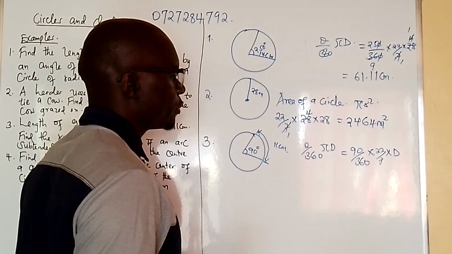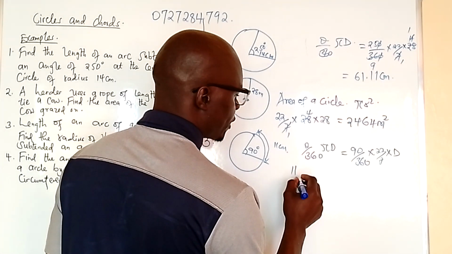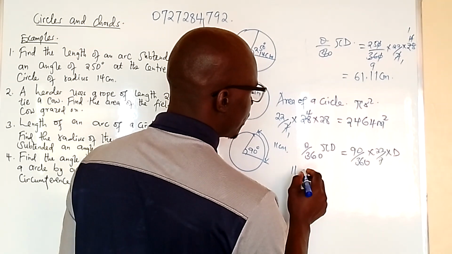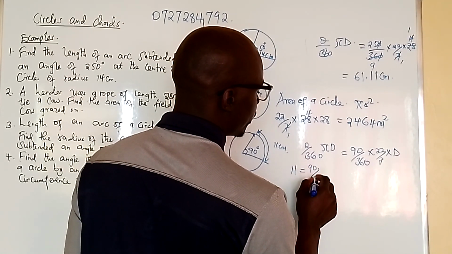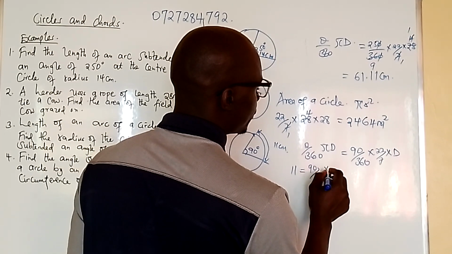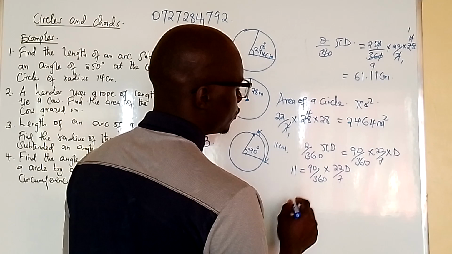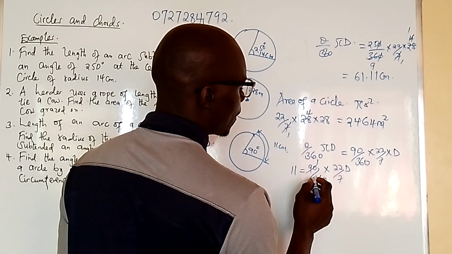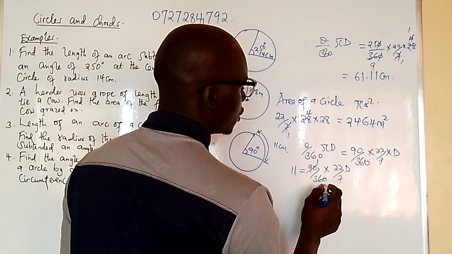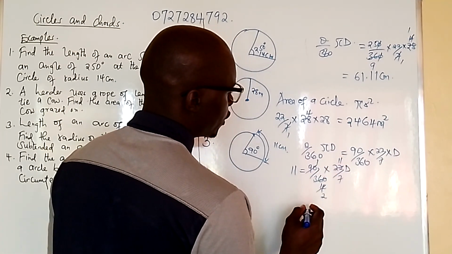D, right? So 11 centimeters is equal to 90 over 360 times 22 over 7d. 90 goes here once, 90 goes here 4 times. 2 goes here, 2 goes here 11 times.